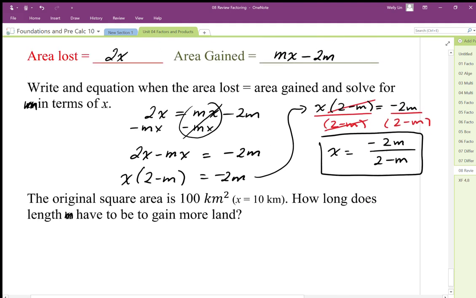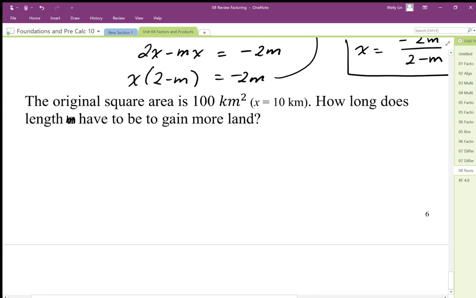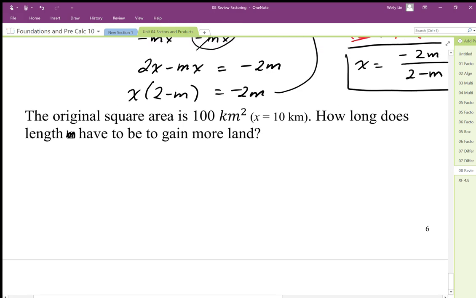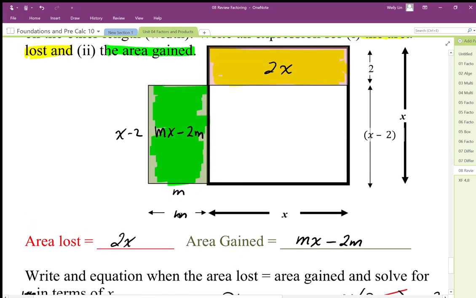The last part of this problem says the original square area is 100 kilometers squared. How long does m have to be to gain more land? So we know that x is equal to 10. So we're going to make this x minus 2, 10 minus 2.